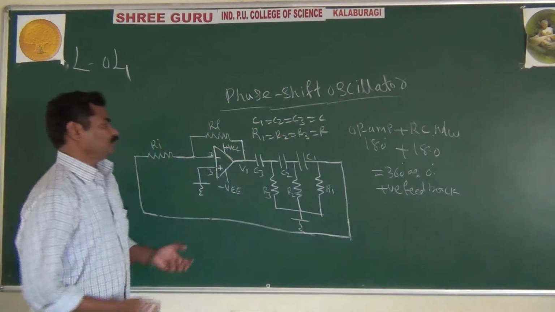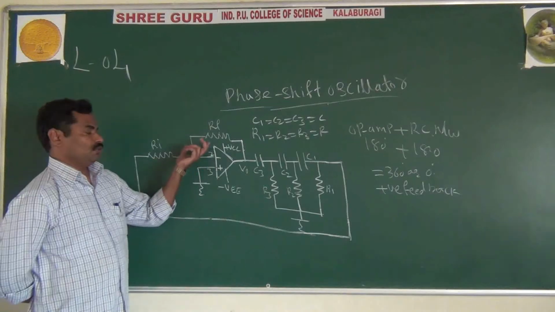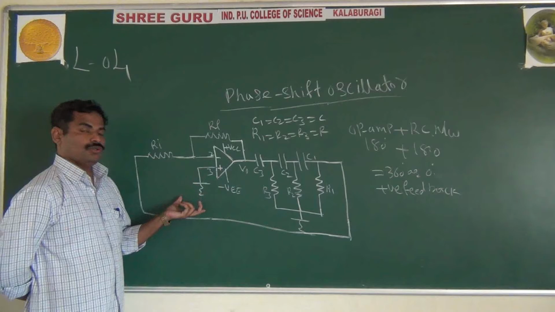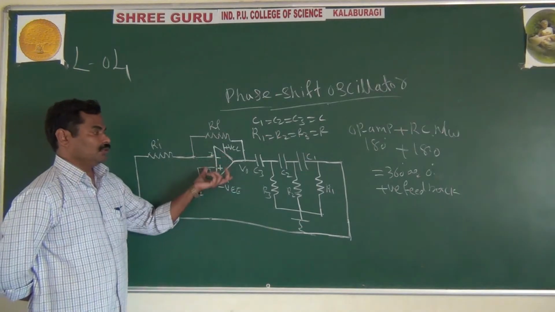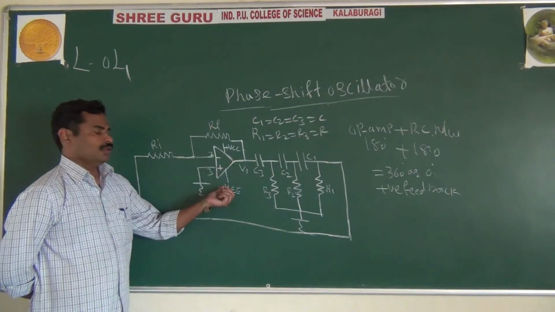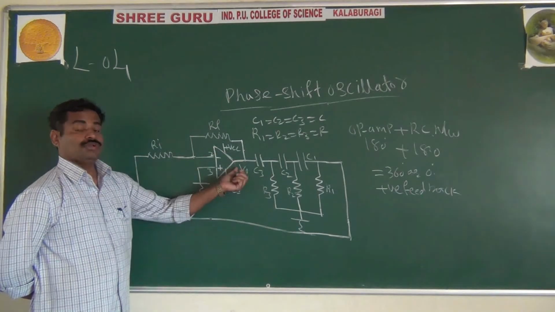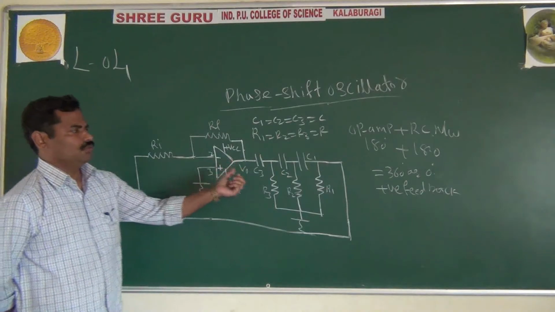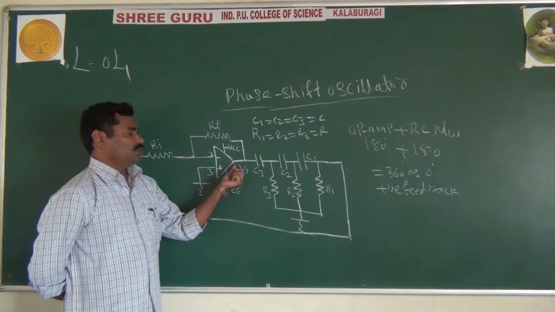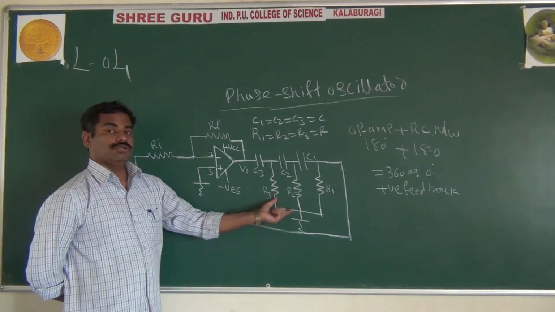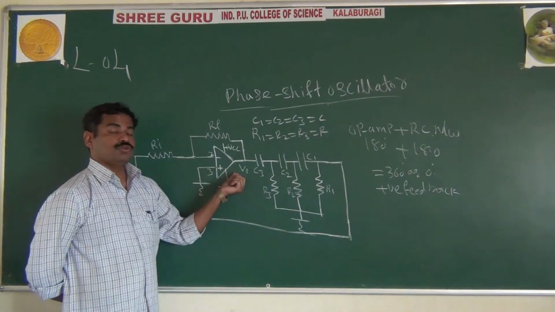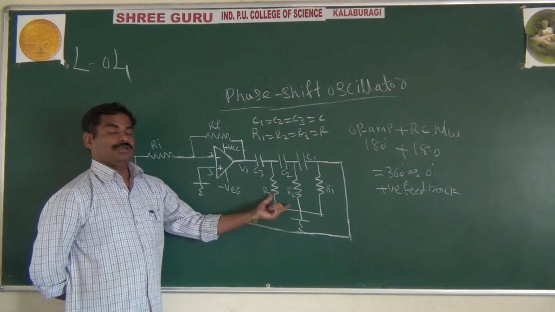It means whenever you switch on the circuit, what happens? The noise voltage acts as the input for the op amp, and that noise voltage will be amplified by the op amp, and in the output you have the noise voltage, 180 degree out of phase, and this noise voltage will be given to your phase shift network, or this noise voltage will drive the phase shift network.